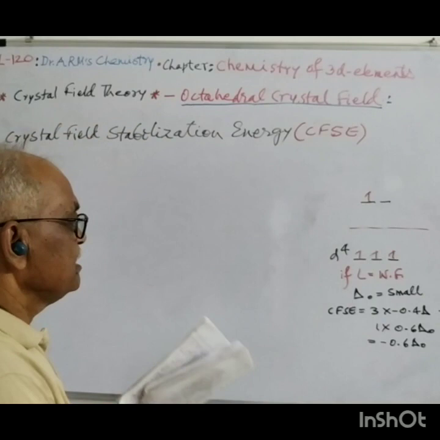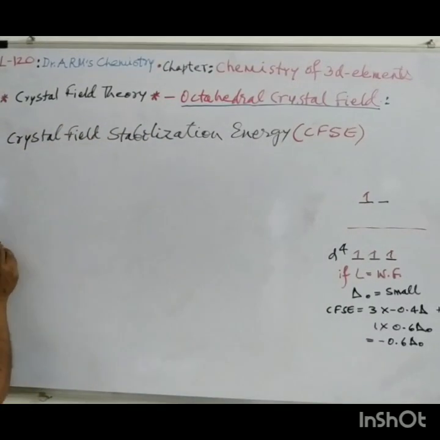Now there is another situation in the case of d4 configuration, where these are t2g orbitals and these are eg orbitals.